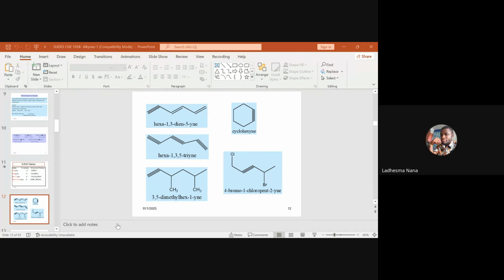That's a hexa. Hexa-1,3-diene, 5-yne. That means hexa-1,3, he started from the left-hand side.